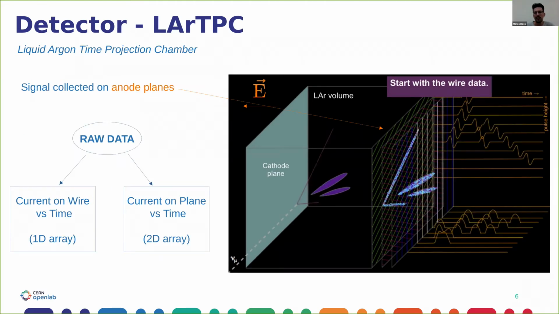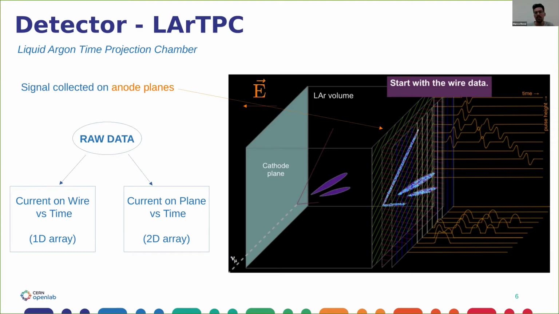We have then these two kinds of raw data that are coming out from the detector. We have a one-dimensional view that is the current induced by these electrons on a single wire and calculated by the detector at different time steps. So we have a one-dimensional array.